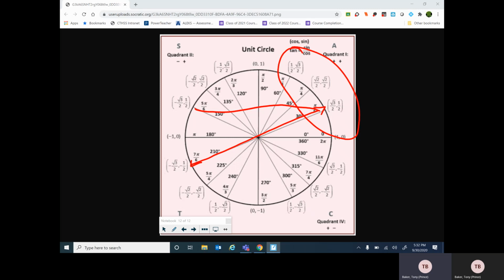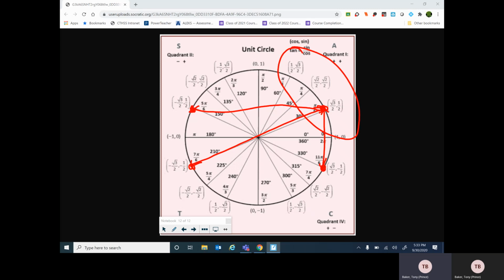It's also the same thing directly across this way, and directly up and down. So all these points right here are related to each other. So if I can take my angle and find the angle that's in that first quadrant for it, I'm going to find the value that'll work.